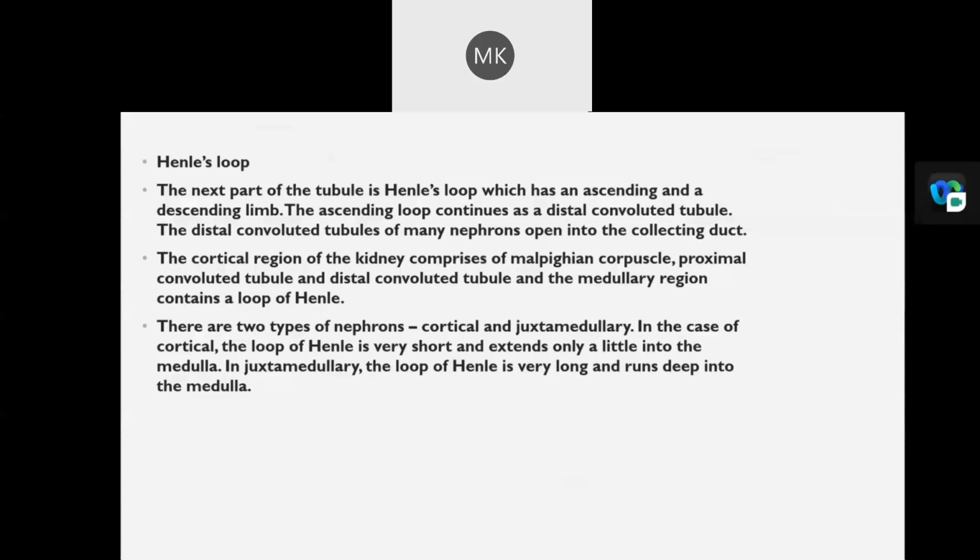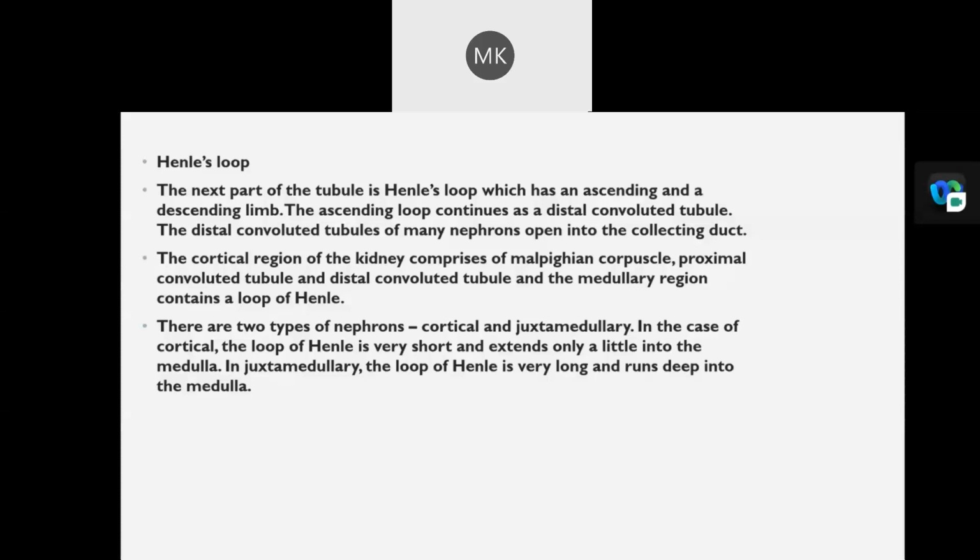The cortical region of the kidney comprises the Malpighian corpuscle, proximal convoluted tubule, and distal convoluted tubule, and the medullary region consists of the loop of Henle.